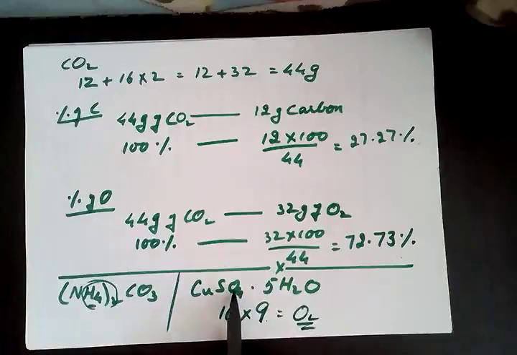You will use the oxygen present in the compound and the oxygen present as part of the water of crystallization. You will calculate everything and then find the percentage composition of oxygen in copper sulfate. Is it clear?